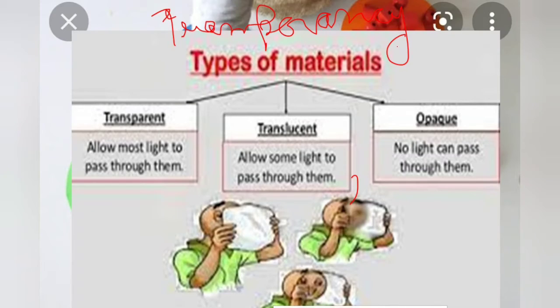Now when I keep a book, the light is not passing that way, so I can't see that way. So this means the object is opaque. Transparent means the light passes through the object. Translucent means some light is passing through the object. And opaque means no light is passing through the object. So this is the difference between these three.